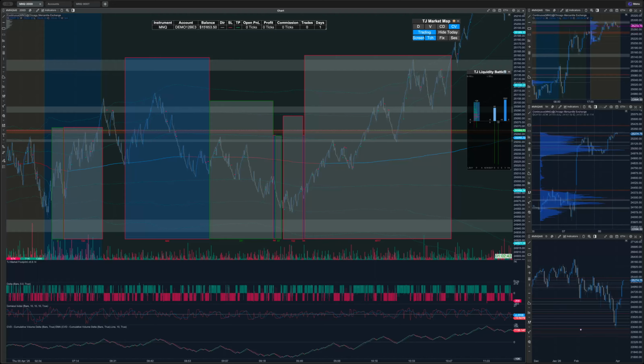And bad news at the beginning: I lost my evaluation account. I finished the day with, let me check my reports, minus 5,008 ticks. I'm trading micro, and this is minus $2,500, and this was my trading account.